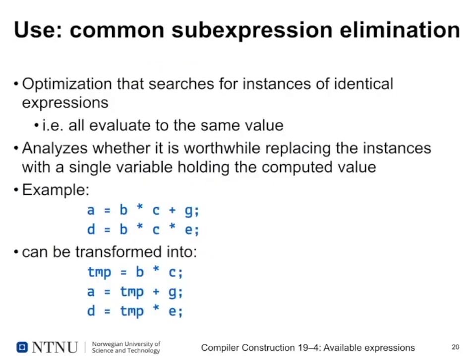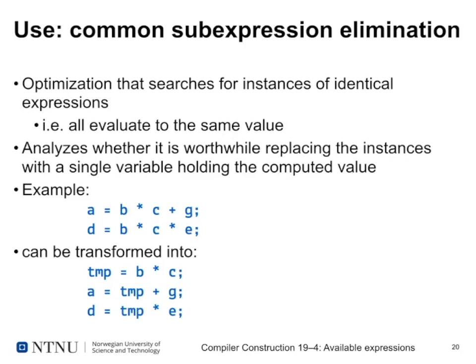And what can we use this for? One thing we can use this for is common sub-expression elimination. This is an optimization that searches for instances of identical expressions, so expressions that all evaluate to the same value. And this optimization analyzes whether it's worthwhile to replace the instances with a single variable that holds the computed value.